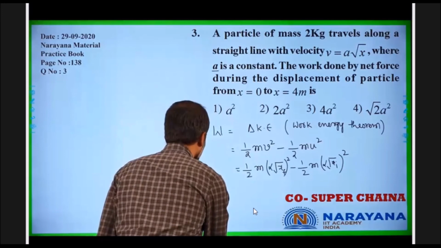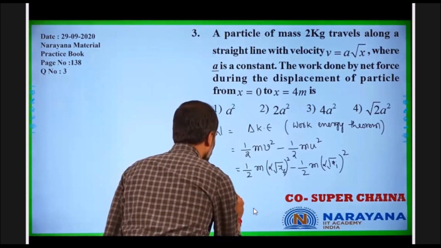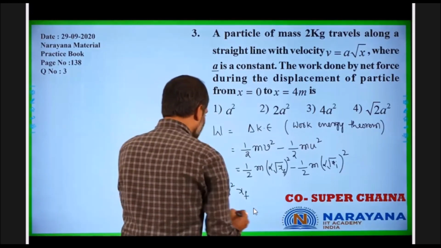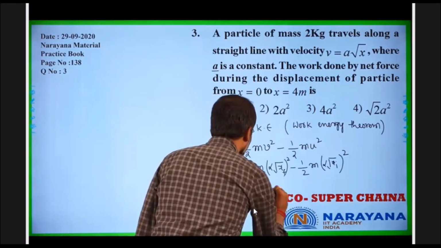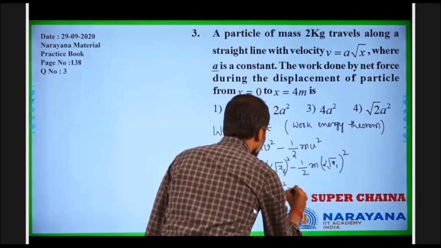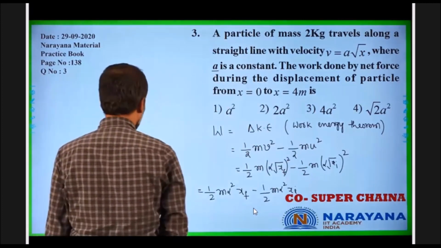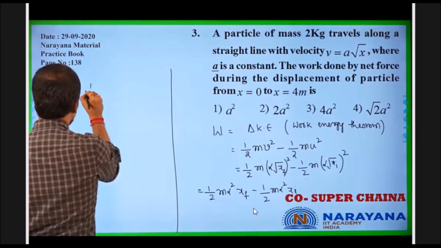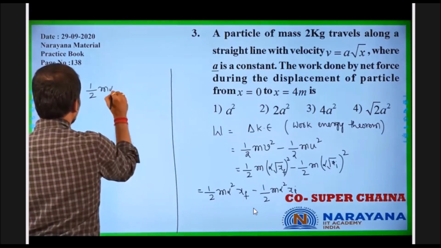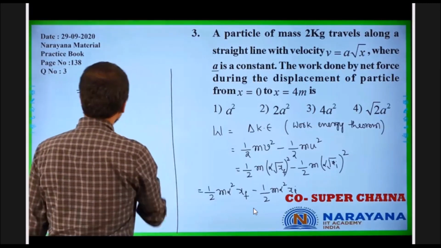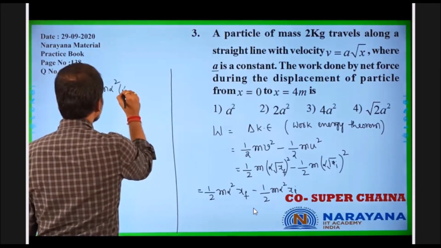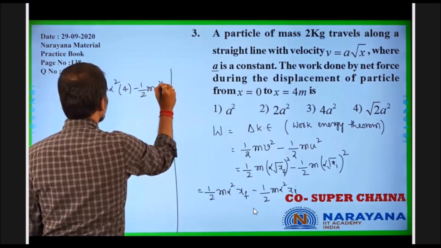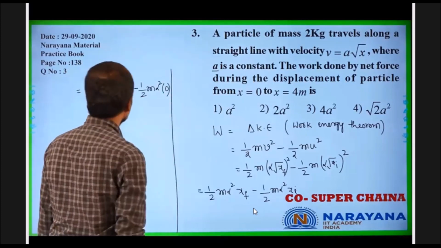So that is nothing but half m into alpha square x final minus half m into alpha square into x initial. Now here if you consider, this is half m alpha square into x final, which is 4 meters, minus half m alpha square into x initial, which is 0.